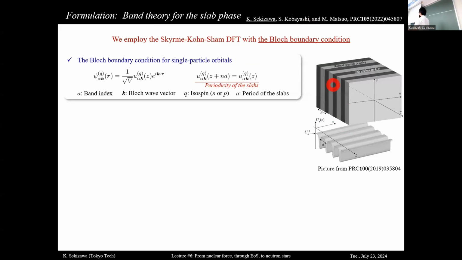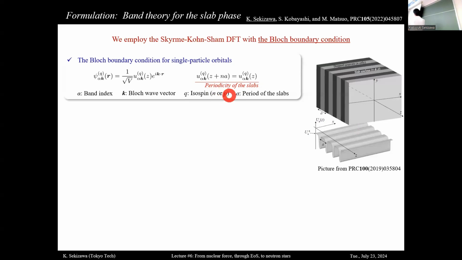In the case of slab phases, in this picture, the XY direction is uniform, and in the Z direction we have a sequence of slabs. So in such a case, the wave function has periodicity along the Z coordinate.